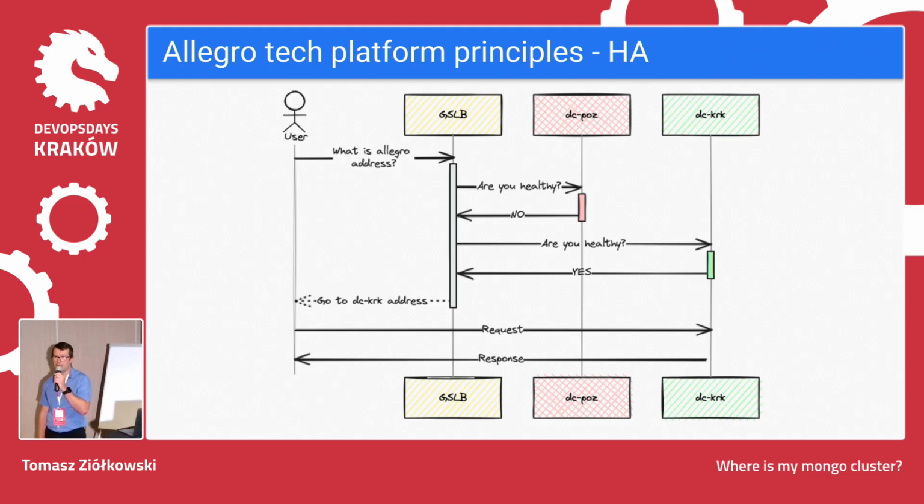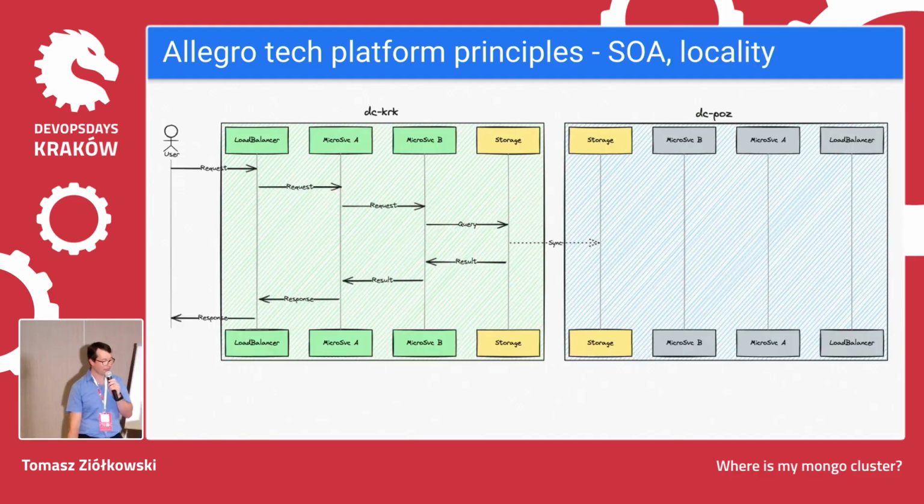It's a kind of DNS server that allows us to detect if one of the DCs is down and then switch the whole traffic to another data center. In this example, our Poznań data center is down, so the global server load balancer detects that, and if a user wants to resolve the Allegro PL address, this address is resolved to an IP that belongs to the Krakow DC.